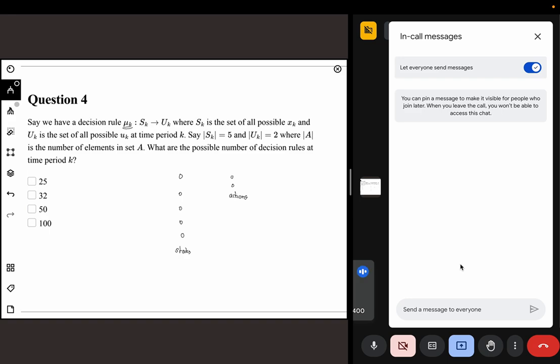How do you say that it is 5 power 2? You're saying I need to find mu k of xk is uk. This is my mapping. So you're saying 5 power how? For every possible state, you're saying there could be 2 actions.